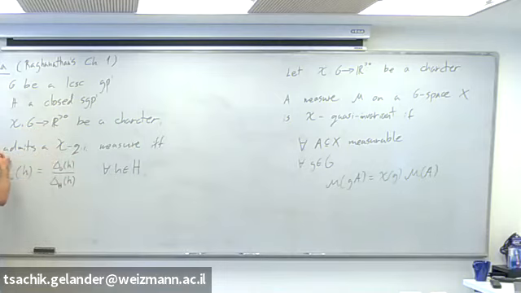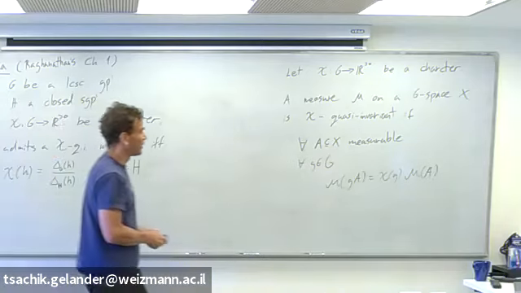And in a general situation where G is a locally compact group and H is a closed subgroup, you look at this character on H and ask whether it extends to G. If it extends to G, then you can find such a measure. So this is a very useful lemma.